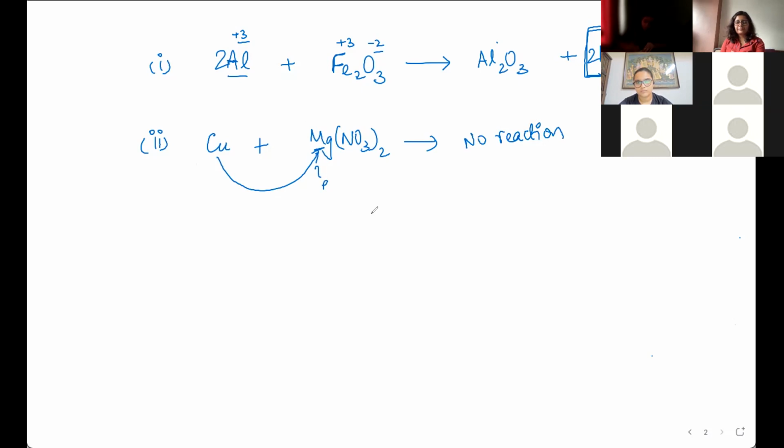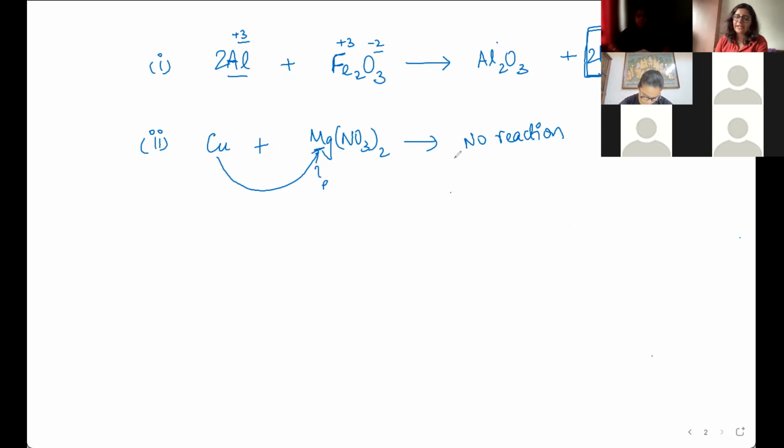Okay, so it should take out the cation, right? Yeah, continue. If we take out the cation, then... Okay. So that's the key point.